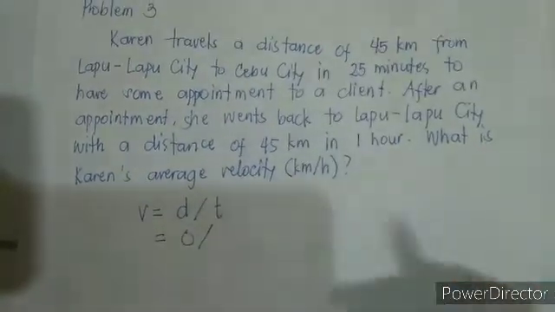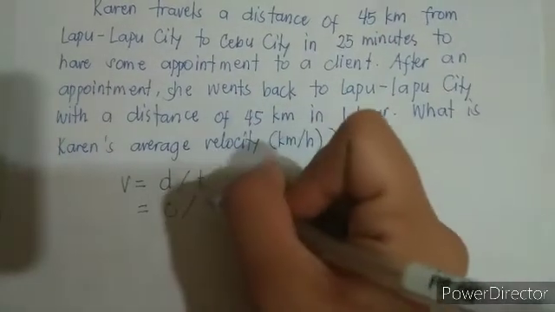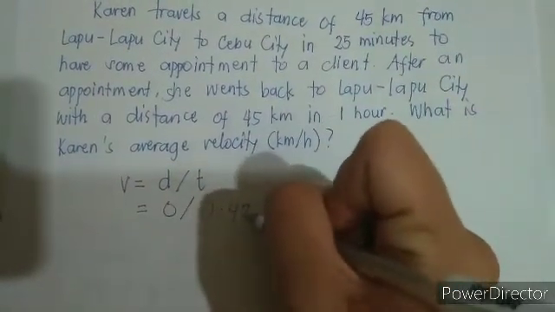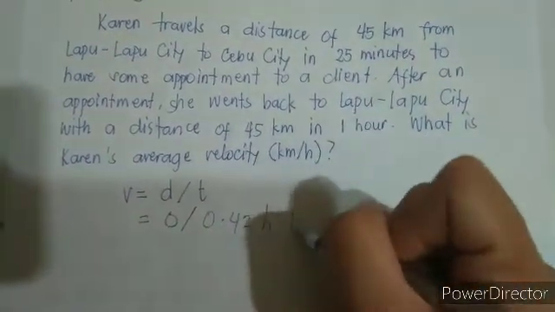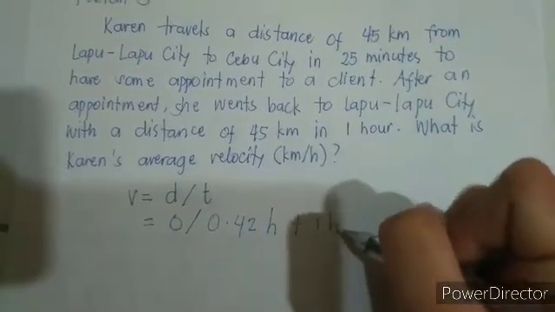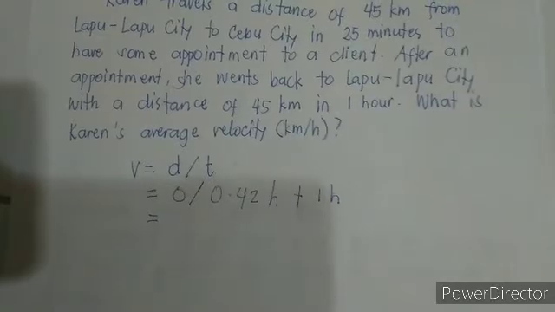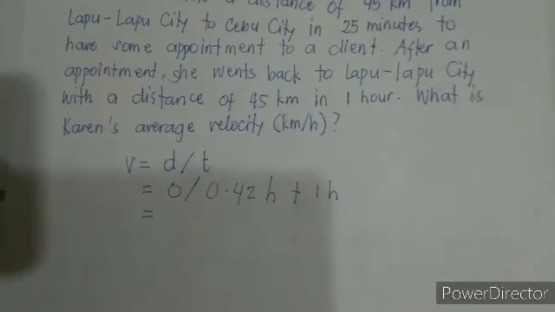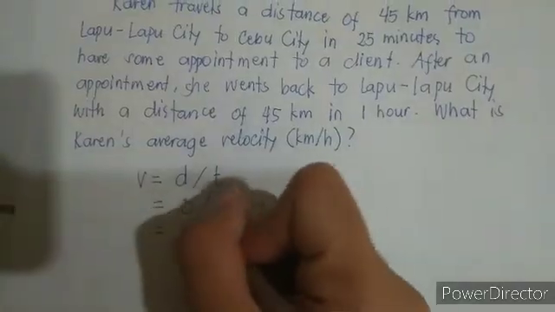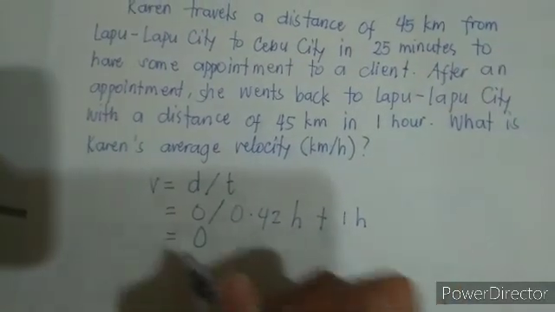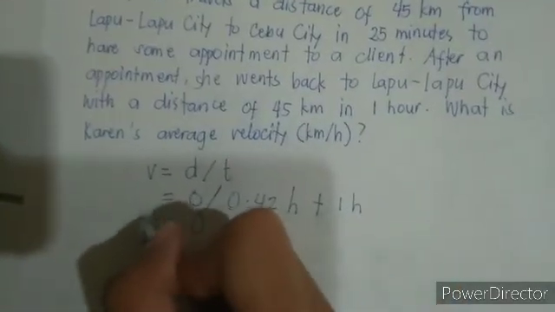So whatever the time is, let's have 0.42 hour plus 1 hour. Whatever the time that will divide the displacement, if the displacement is 0, the answer is 0. So our average velocity here is 0. And we're all done with all the problems.